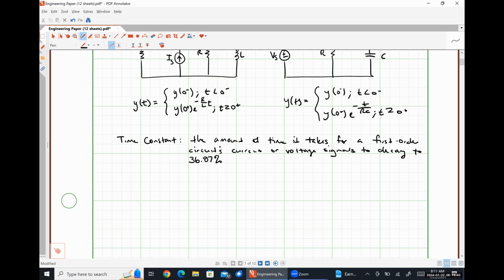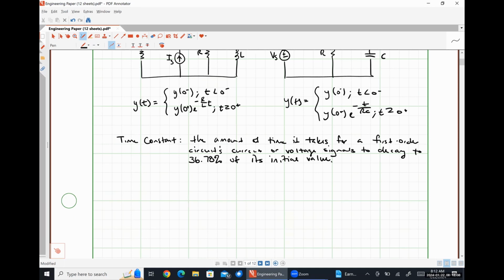Let me double check that really quickly. 36.78. I transposed those two numbers.